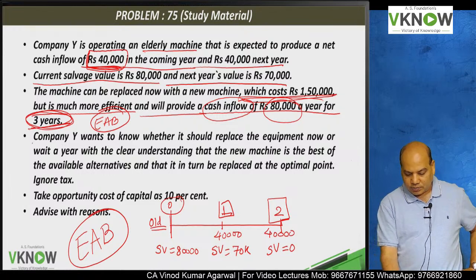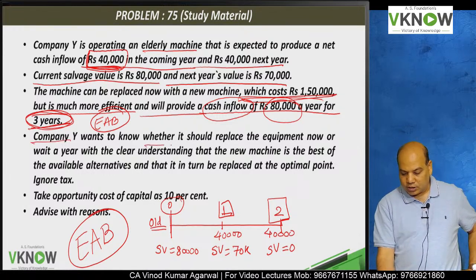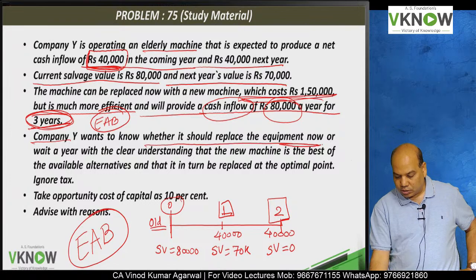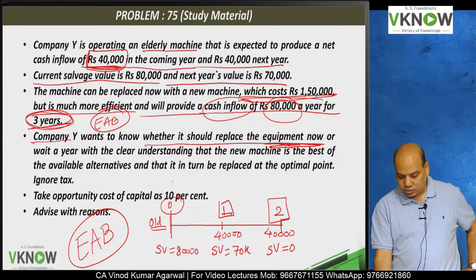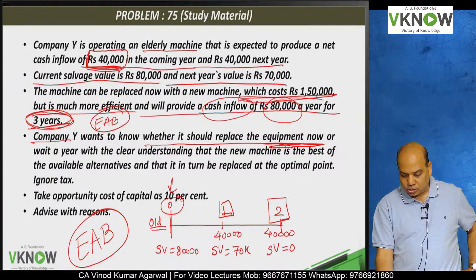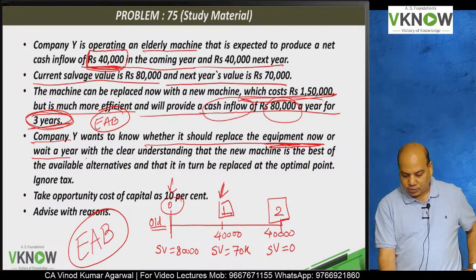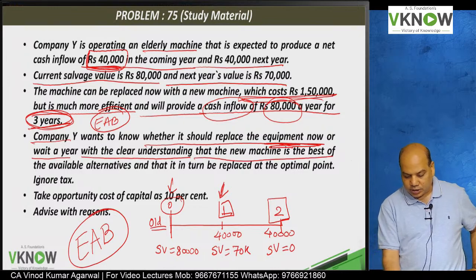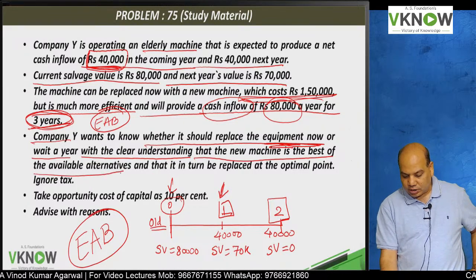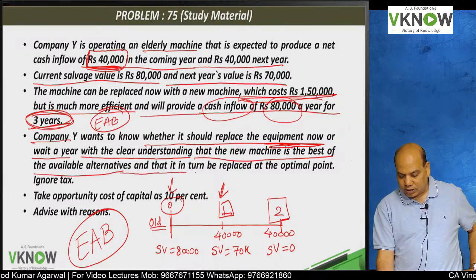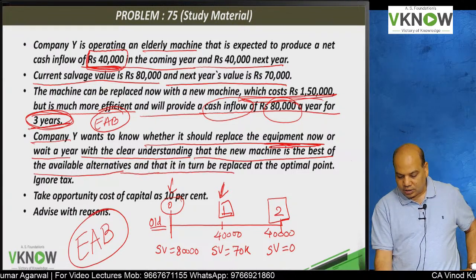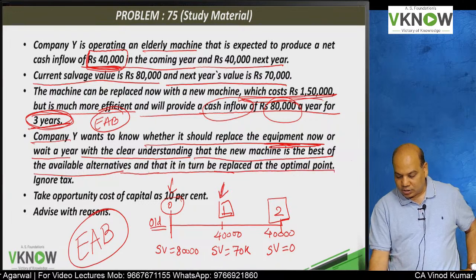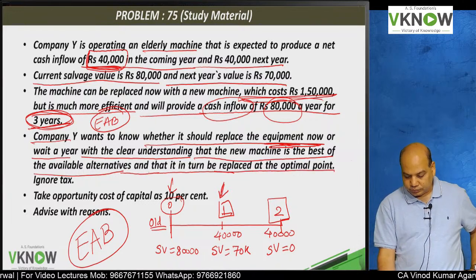First thing, company Y wants to know whether it should replace the equipment now, alternative 1, or wait a year, with the clear understanding that the new machine is the best of the available alternatives, and that it in turn will be replaced at the optimal point.